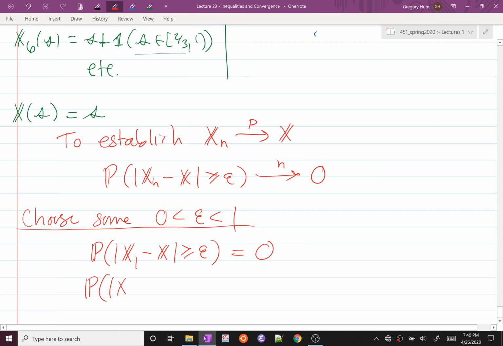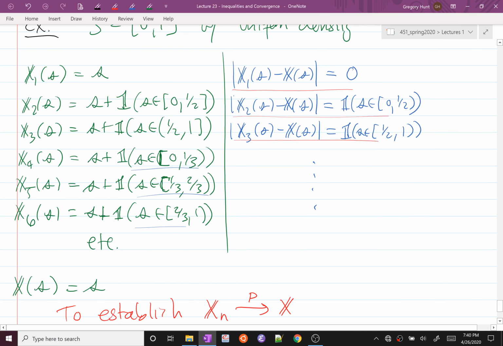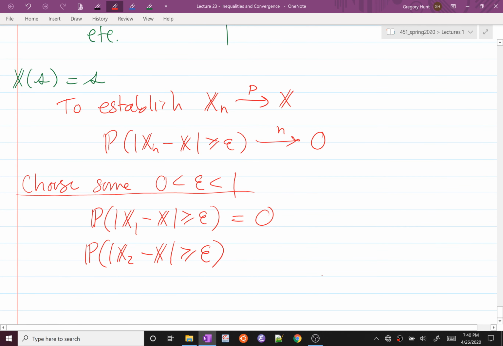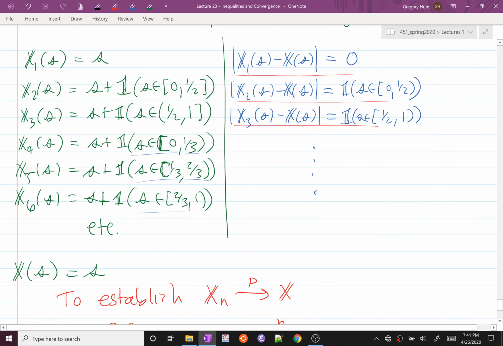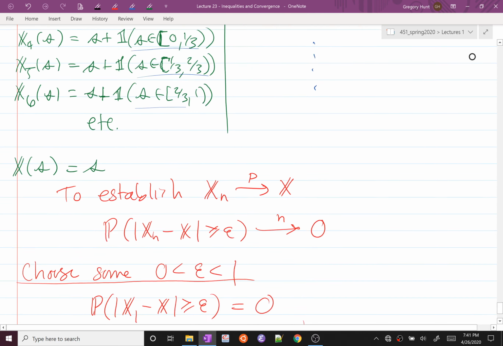What's the probability that x2 minus x is bigger than some epsilon? Well, let's scroll back up here. What's x sub 2 minus x? This is just the indicator that s is in 0 to 1/2. So x sub 2 minus s, in absolute value, is a function of s on 0 to 1, and our absolute value of the difference is just the indicator that we're in the first half.